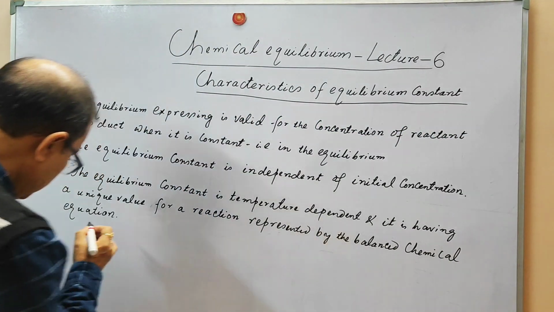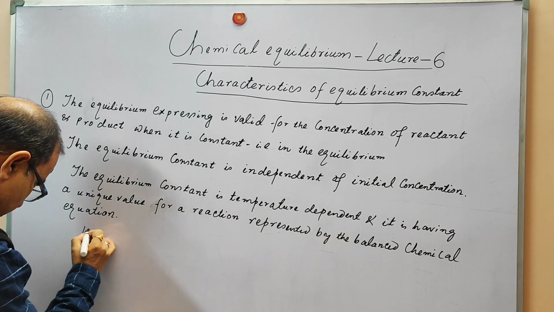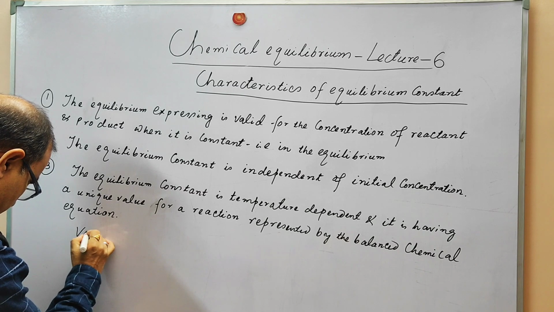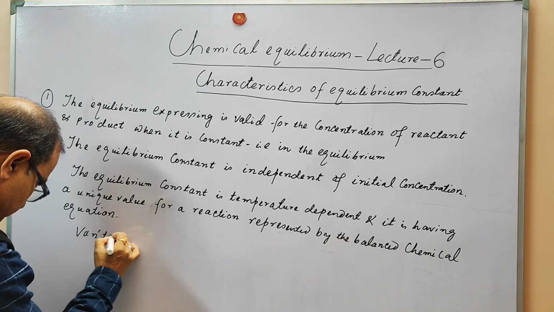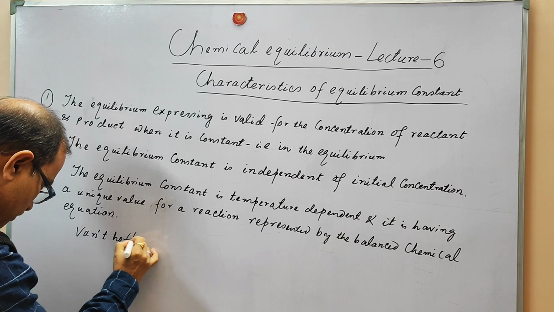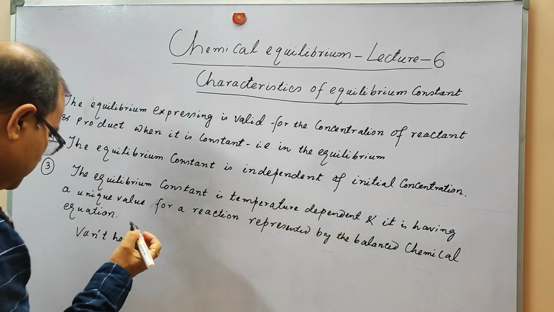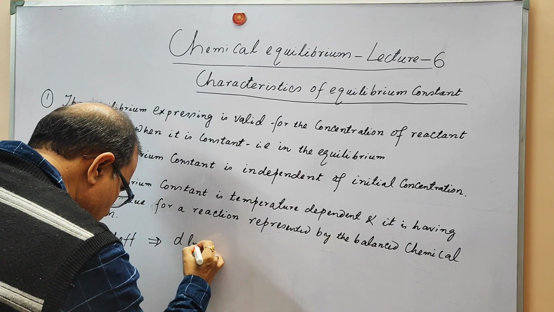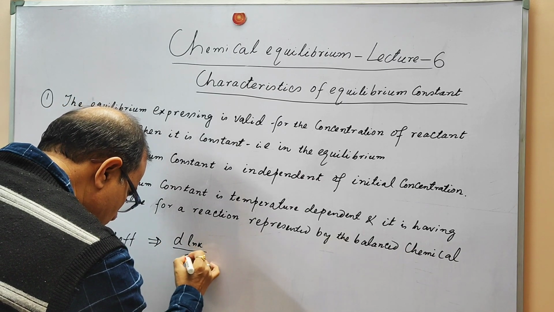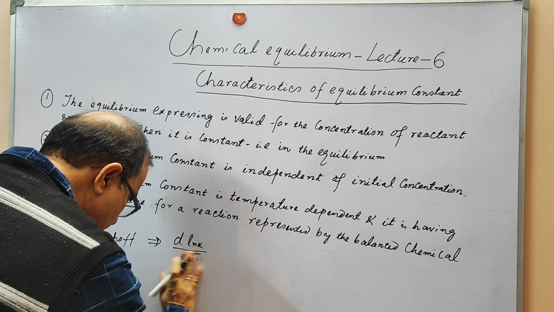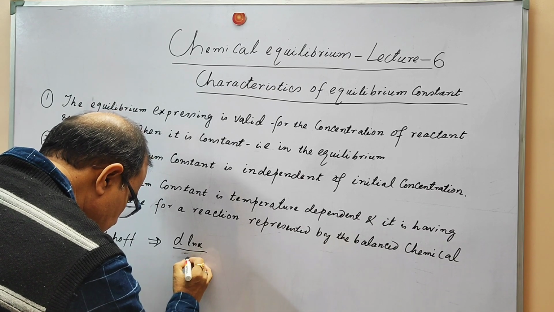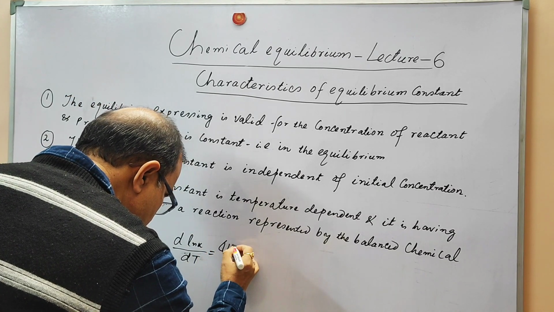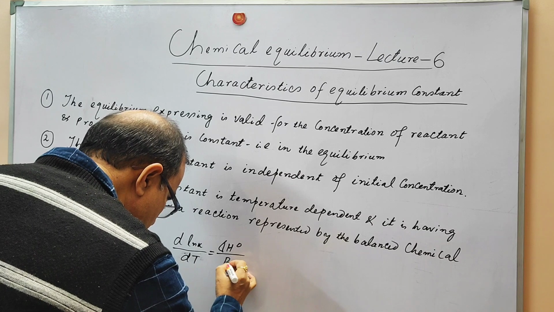For that, there is an equation given by Van 't Hoff. The scientist Van 't Hoff gave the equation, that is the relationship between the equilibrium constant and the temperature. The Van 't Hoff equation tells that d ln K by dT is equal to del H0 by RT square.